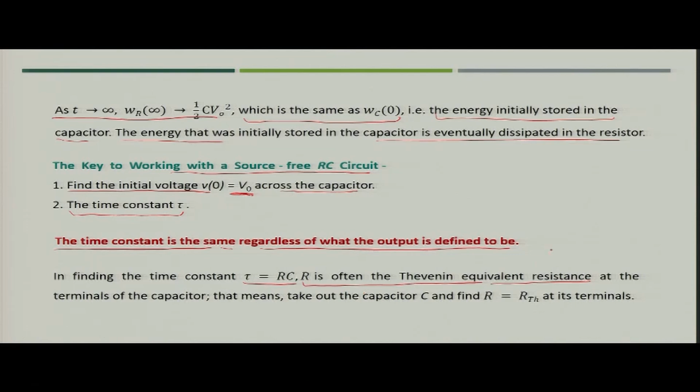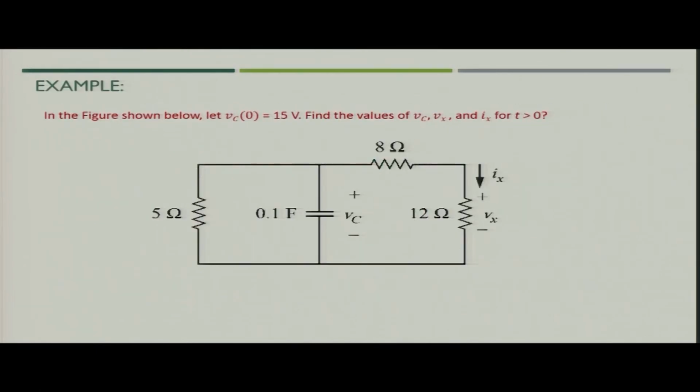So, when you are given a larger circuit and you want to find the circuit response, you can simply use the Thevenin theorem, and R would be the Thevenin equivalent resistance at the terminals of the capacitor. That means if you take out the capacitor and find the value of Thevenin resistance, that would be sufficient to find the time response of the circuit.